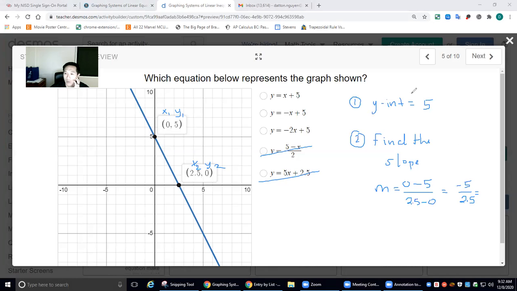Can anyone tell me what that is going to simplify to? What is -5 divided by 2.5?